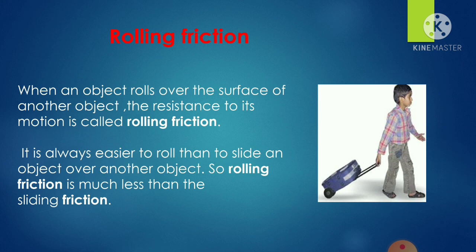If there are no wheels, it will be difficult for us to carry it, right? So rolling friction is much lesser than even sliding friction. So static friction is bigger, then comes sliding friction, and lastly rolling friction.